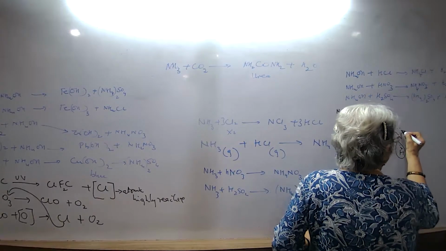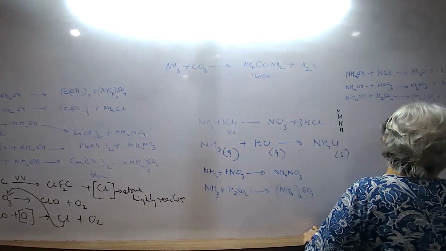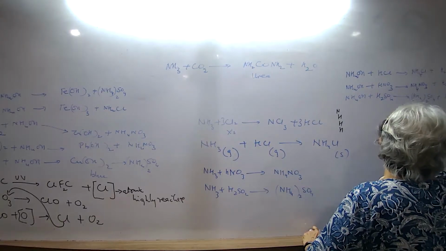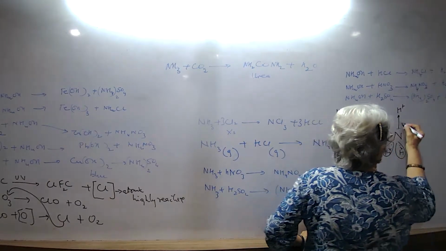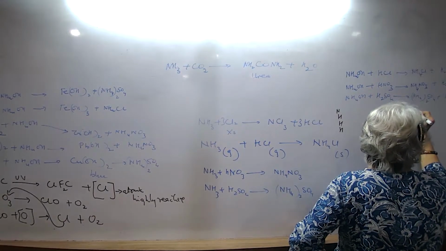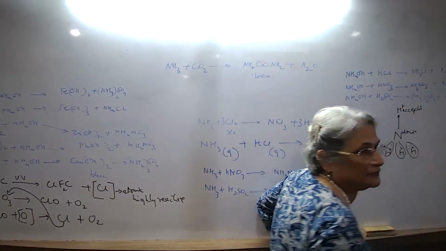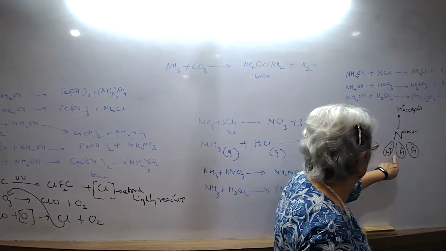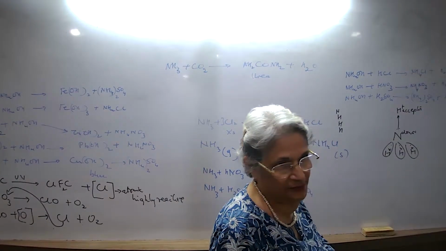Now this is a lone pair. This donates it to another hydrogen ion. So this becomes the donor. This is the acceptor. This is ammonium, NH4. That is the difference.